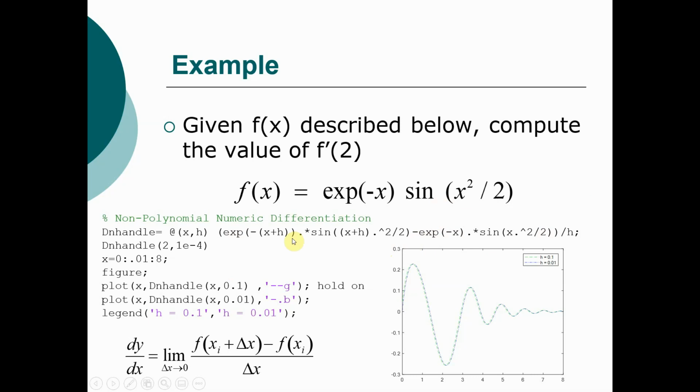So this is f of x plus h minus f of x divided by h. So it's a function that depends on x and h. It's a two-variable function. We want to find the derivative of this function at x equal to 2 with this time step, where h is equal to 10 to the power negative 4, right?